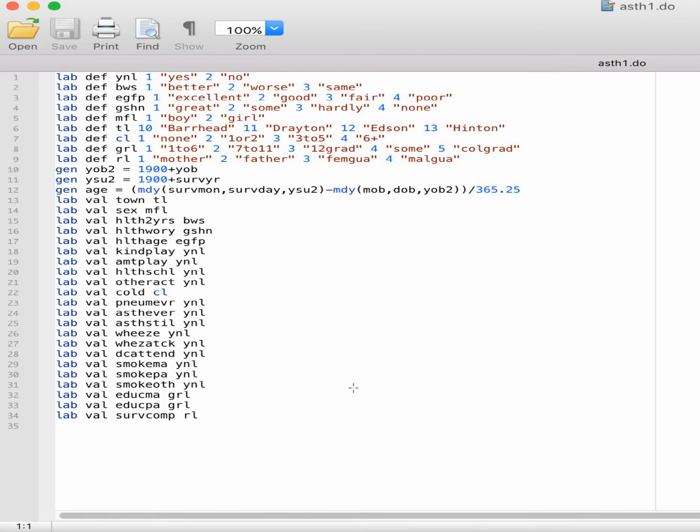Here's an example of a script that one can use to take a file, a gold standard file, importing it into a system like Stata, and then carrying out some processing.